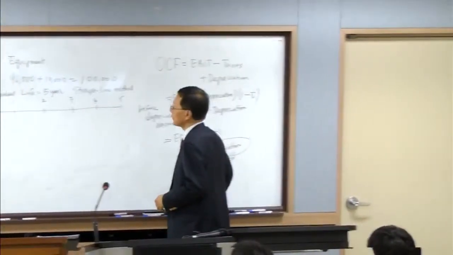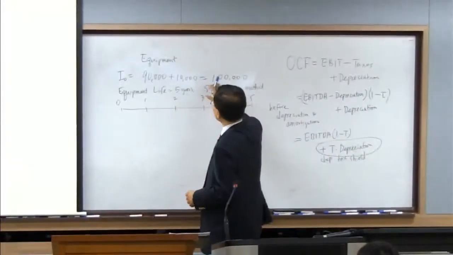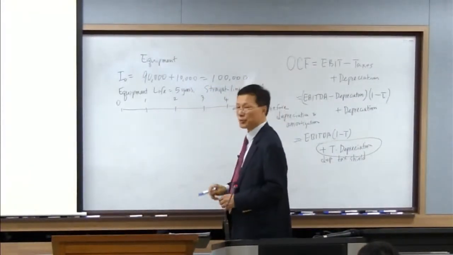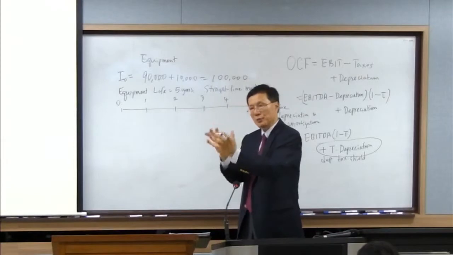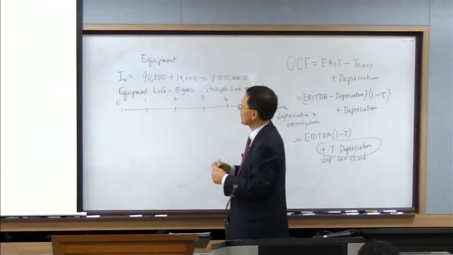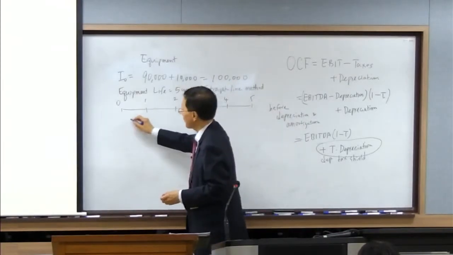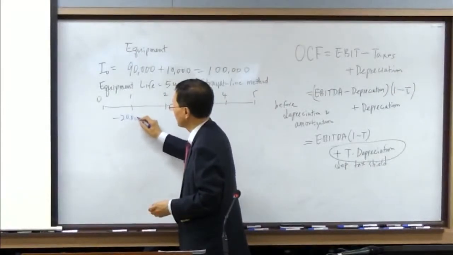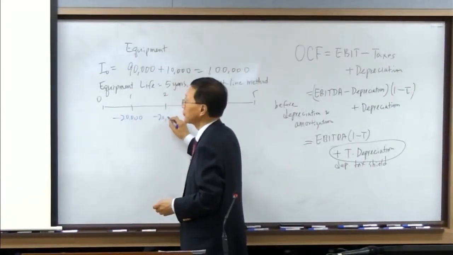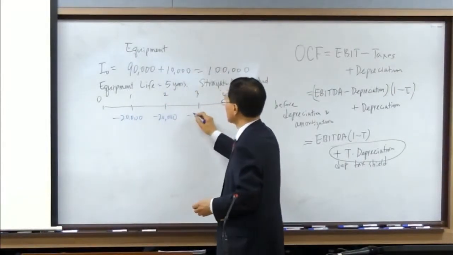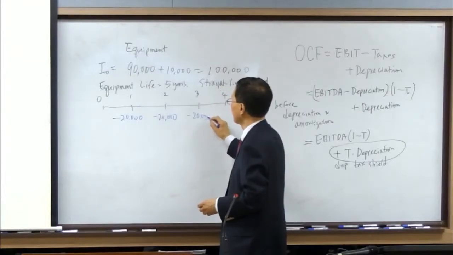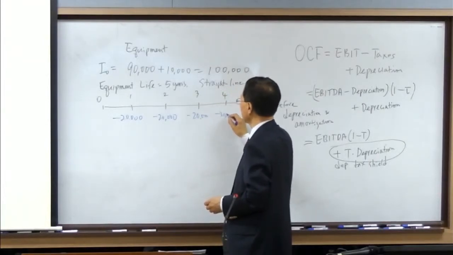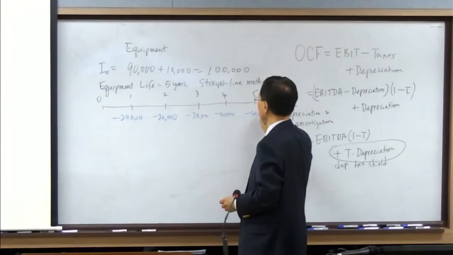Now, here, $100,000 of initial investment will be depreciated over 5 years. Each year, 1/5 of it, minus 20,000, minus 20,000, minus 20,000, minus 20,000, and minus 20,000.